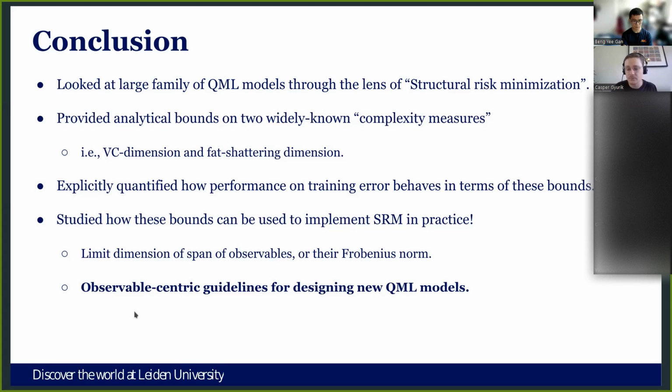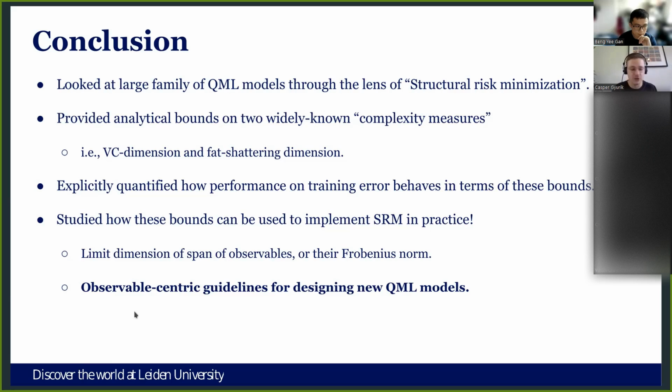Down the line, this gave us what have been called observable-centric guidelines for designing new quantum machine learning models. So if your model is in terms of estimating the expectation value of an observable, these are guidelines to help you identify what good properties of the observable are.